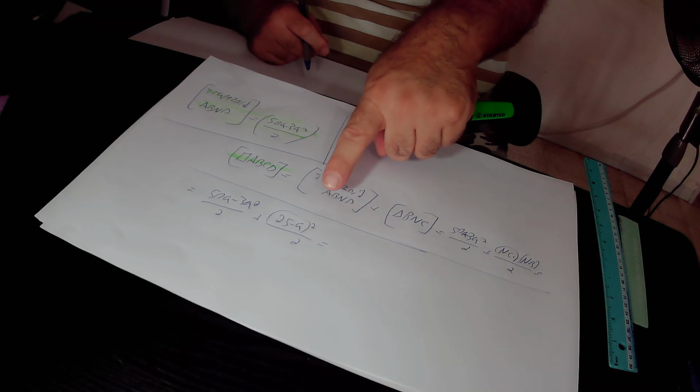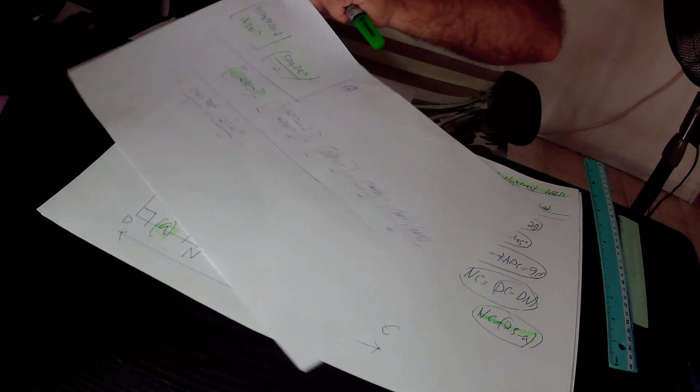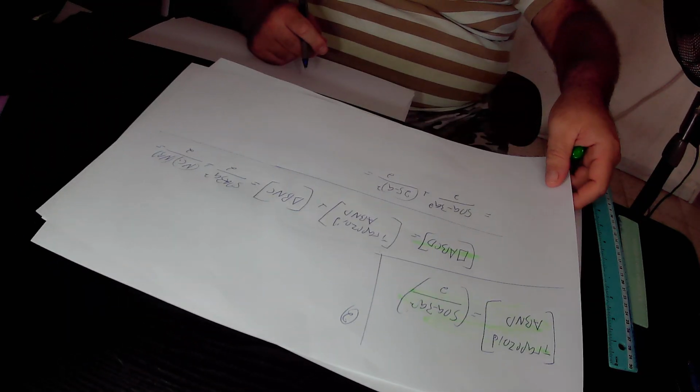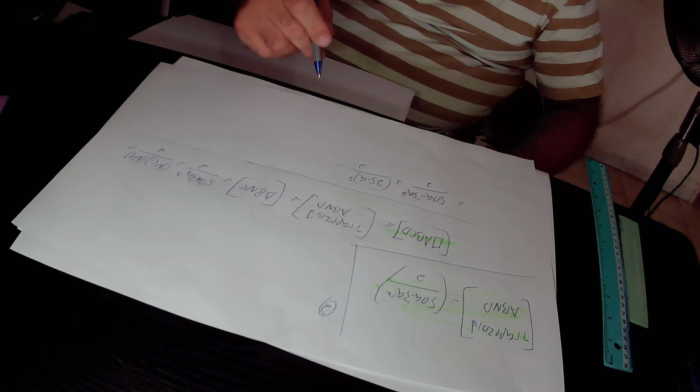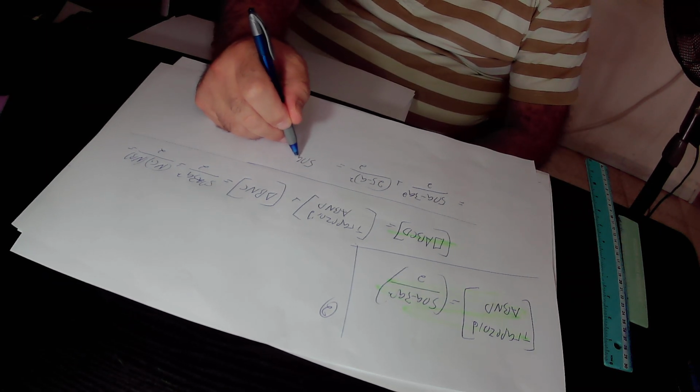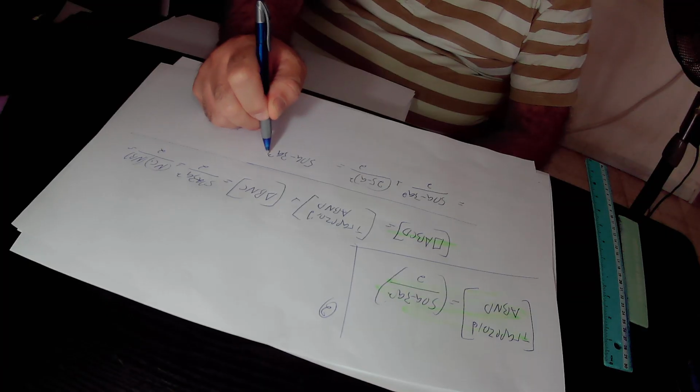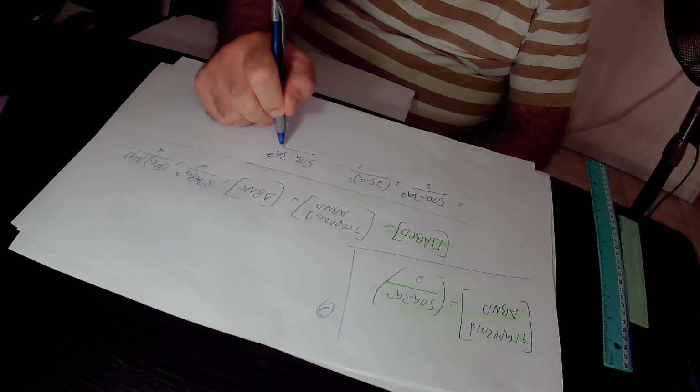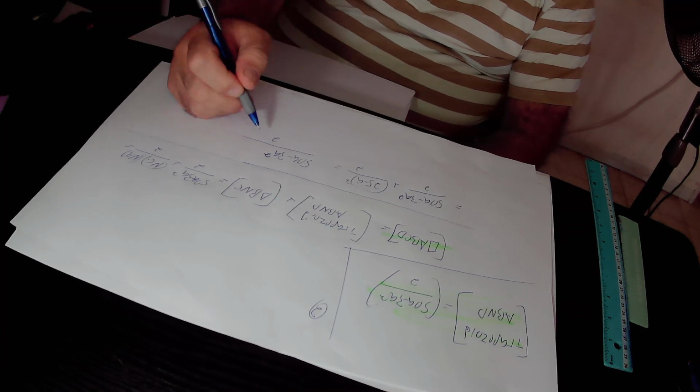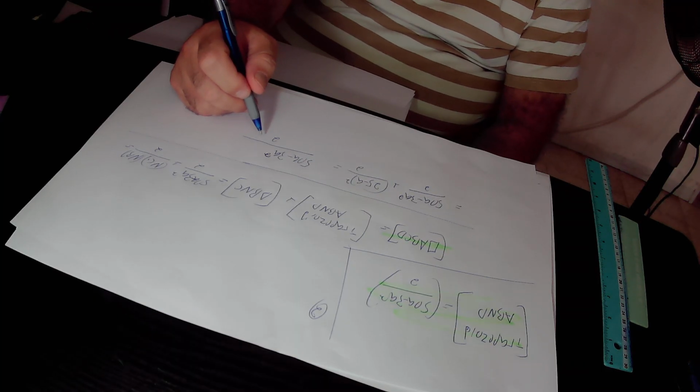Here we open the brackets of this expression and get that in total the area of quadrilateral ABCD equals 50A minus 3A squared over 2 plus 25 minus A squared.